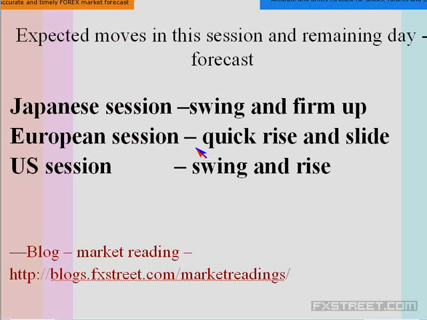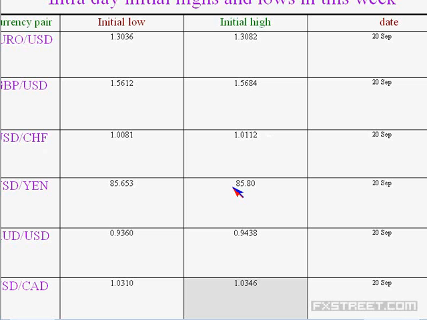And then in the European session, a quick rise is expected, and then in the later part of the European session there could be a slide, and that could give a buy opportunity. So sell on the quick rise and buy back again during the drop. Then swing and rise moves are expected during the session. So ultimately, the market is expected to gain today. So try to decide your trading decisions accordingly.